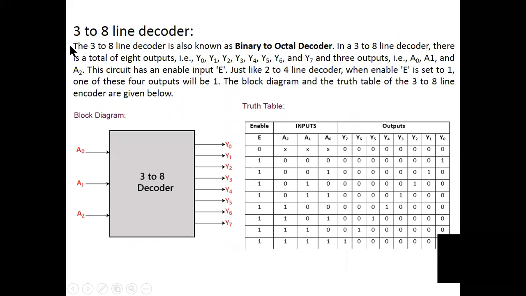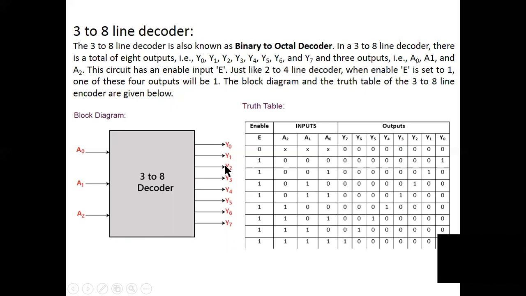You have a 3 to 8 decoder, that is a 3 variable, 3 to 8 decoder line. It has 3 inputs, A0, A1, A2, and 0 to 7 outputs. For A0, there are two outputs, Y0, Y1.